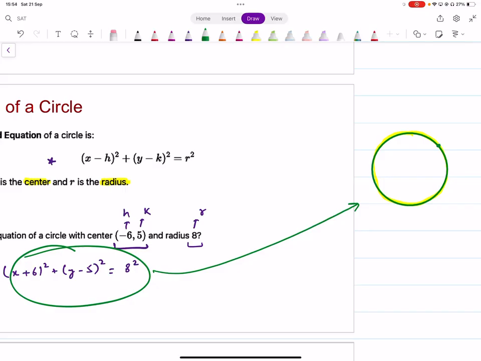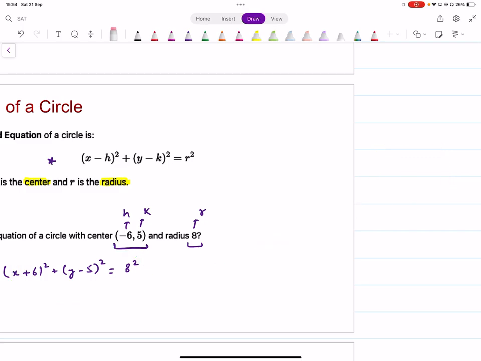It does not represent points inside the circle or outside the circle. It only represents points on the circumference. Is that okay? Any problem with this? You need to remember this now.